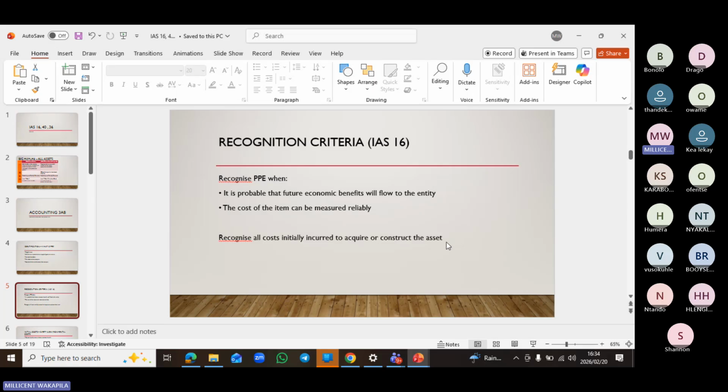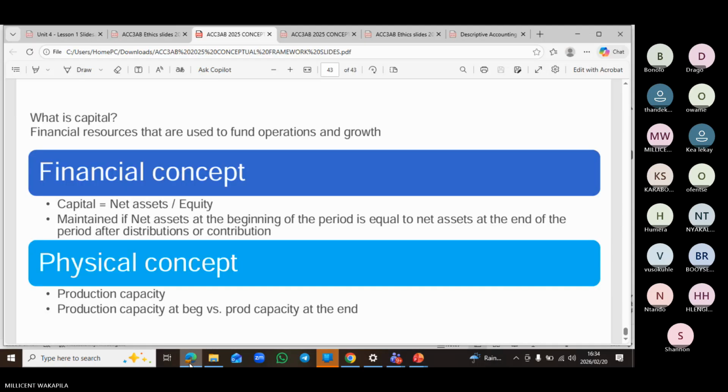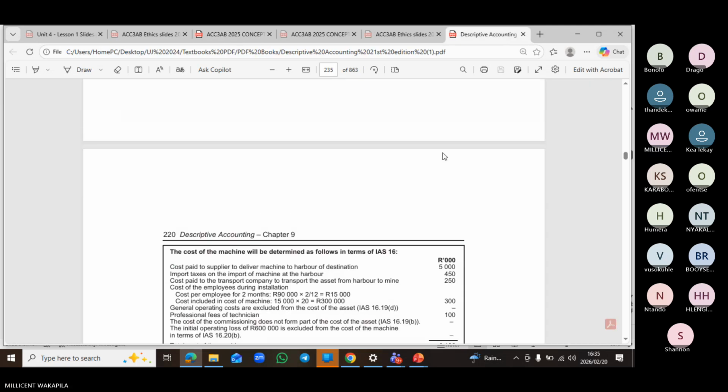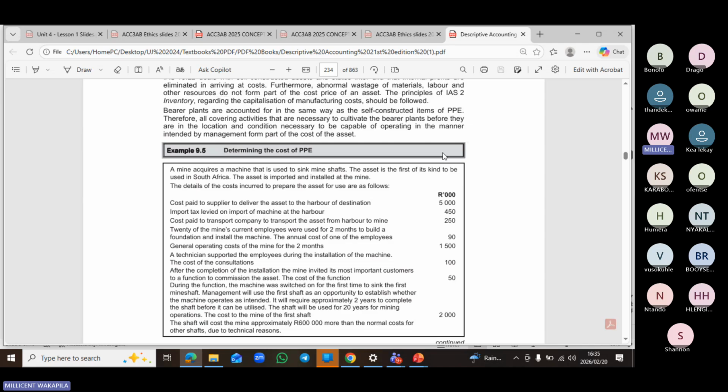Also there are costs that you need to capitalize when you are calculating the cost of your PPE. So let's discuss the following costs that we have.